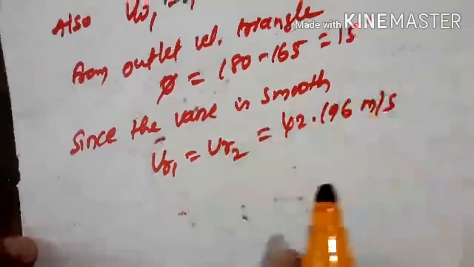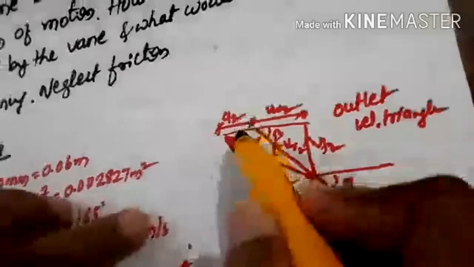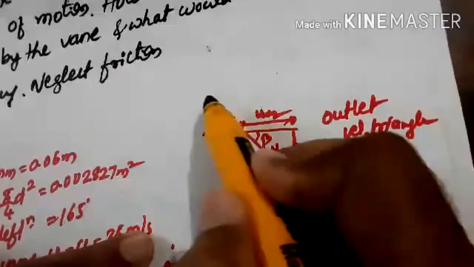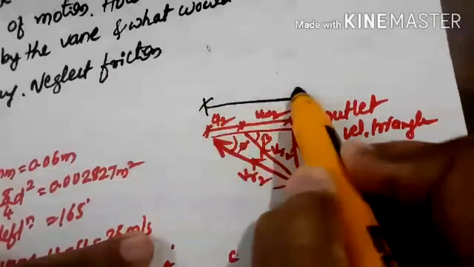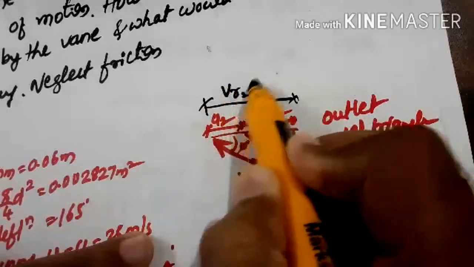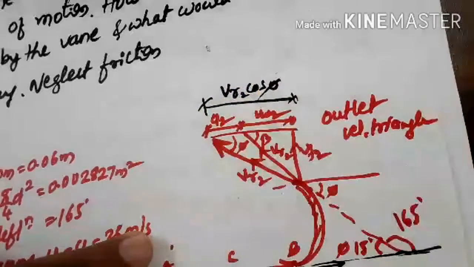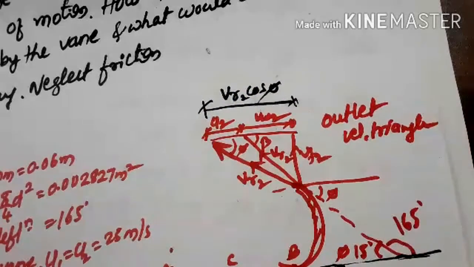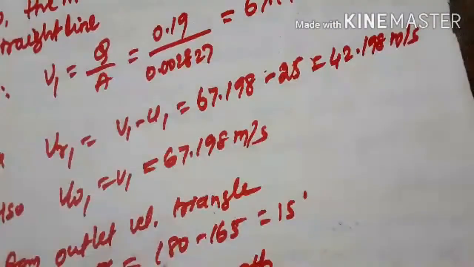Therefore, if you refer to this outlet velocity triangle, this is U2 and this is VW2, and this will be up to here. This is VR2 cos phi.